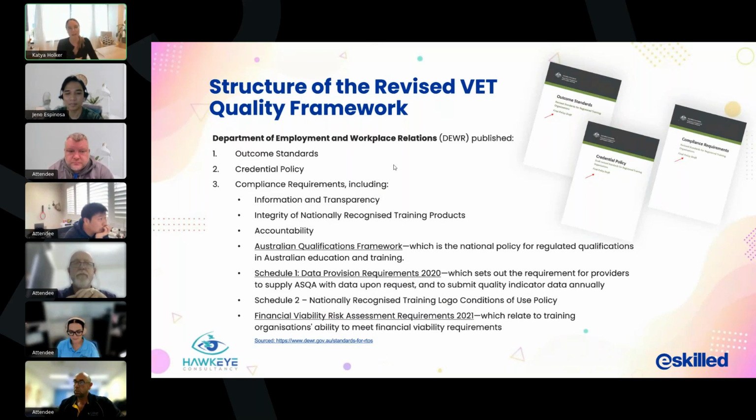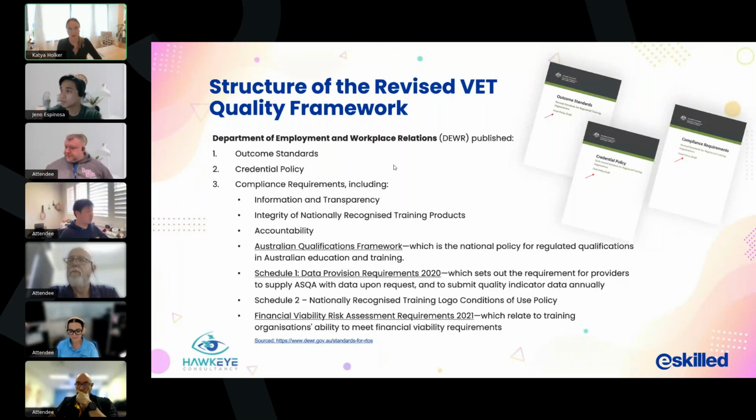And you will see that they have been separated into the outcome standards document, which speaks to all of the actual standards we need to follow. They're the ones that are very much less prescriptive and allow the opportunity for a provider to actually demonstrate, through various documentation or through practices, how they're actually meeting the intent and achieving the outcome of that standard.